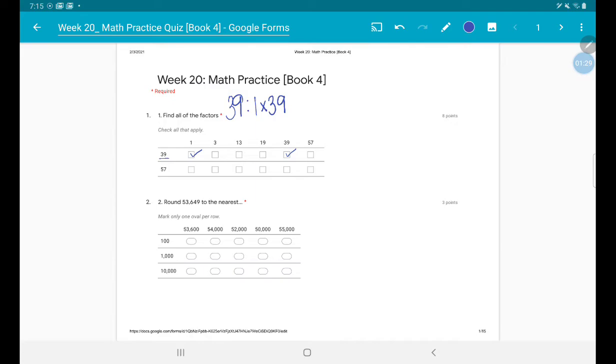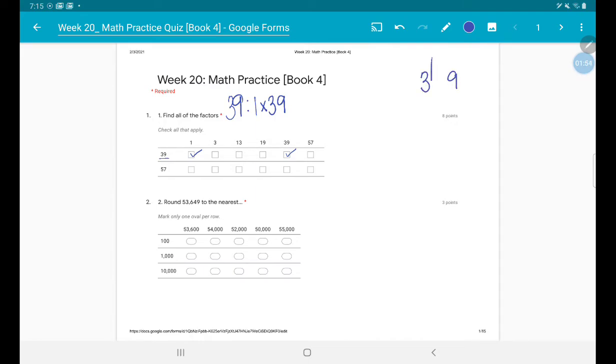Well, there's a couple ways I can check to see if 3 is going to be a factor. I can see if 39 is a multiple of 3, if I can skip count by 3's to 39, or I can divide 39 by 3, and if I don't have a remainder, then I know that 3 is a factor. So let's do that since we've been practicing division.